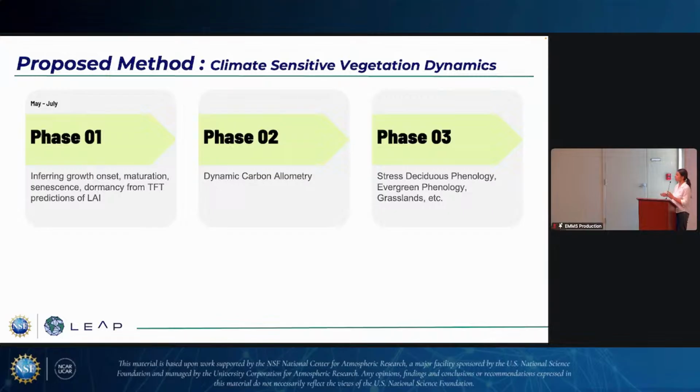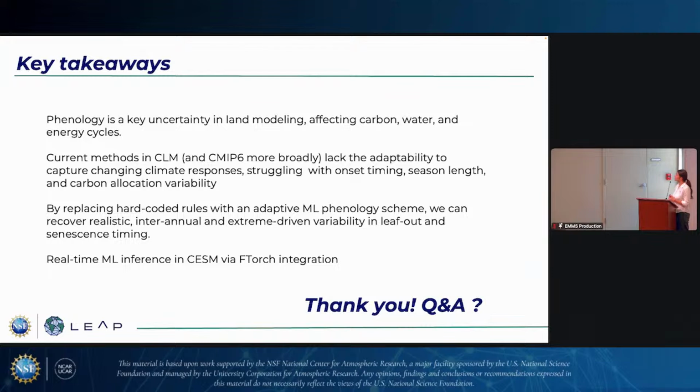We don't want to perhaps only have certain pixels always go to stress deciduous phenology subroutines or evergreen phenology, but perhaps think of a more data-driven and holistic phenology method. And these are just some key takeaways.